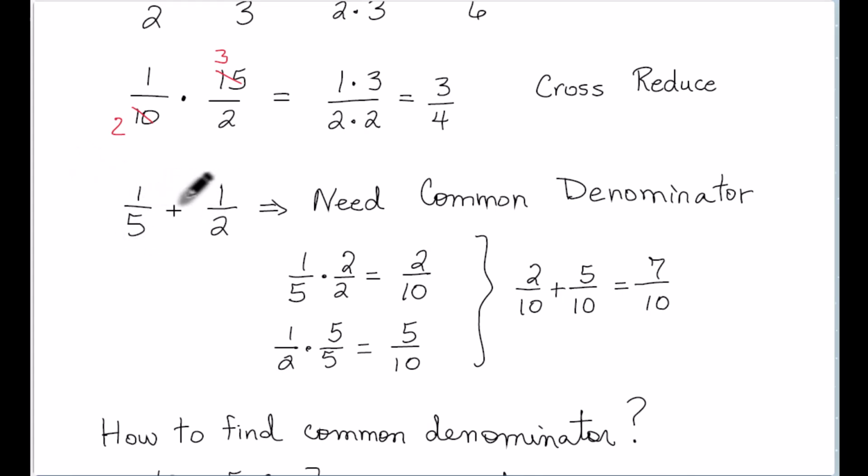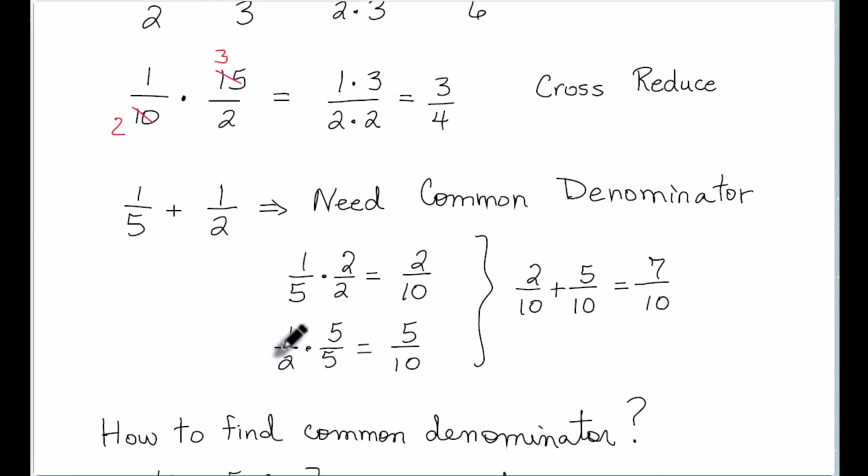If we need to add two fractions and they have different denominators, I can't just add them straight away. I have to make them have the same denominator before I can combine them. So I've got 1/5 and I multiply that by a form of 1, which is 2 over 2. And so that would give me 2 over 10.